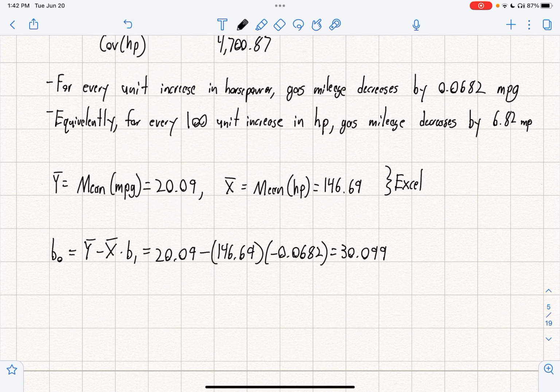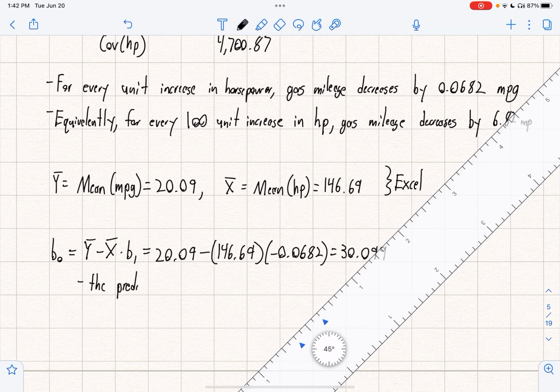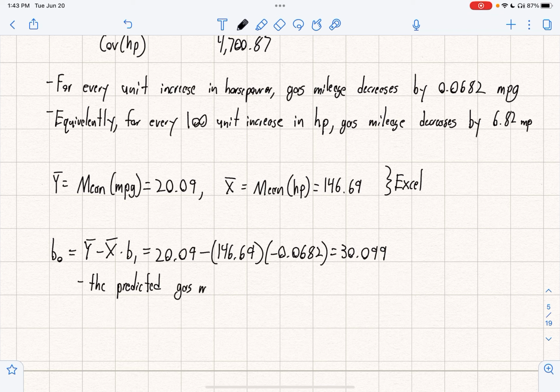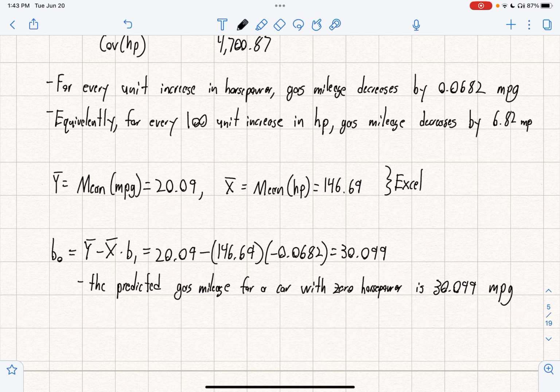And let's go ahead and interpret this. So the predicted gas mileage for a car with 0 horsepower is 30.099 miles per gallon.